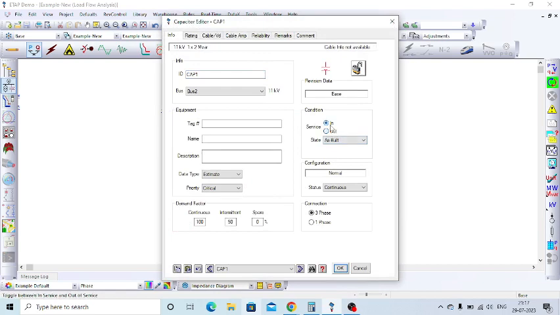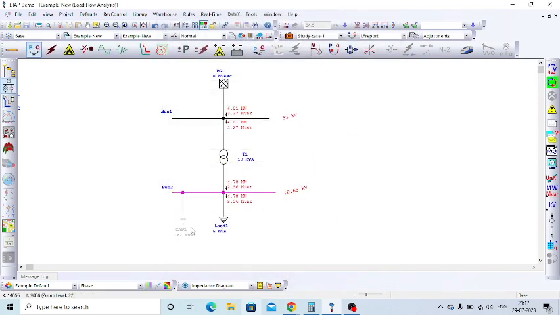Here I forgot to tell you about the service connection, in and out. In means the equipment is in service, out means the equipment is out of service. If you put this service condition out, it means the particular equipment will not be used in the analysis.